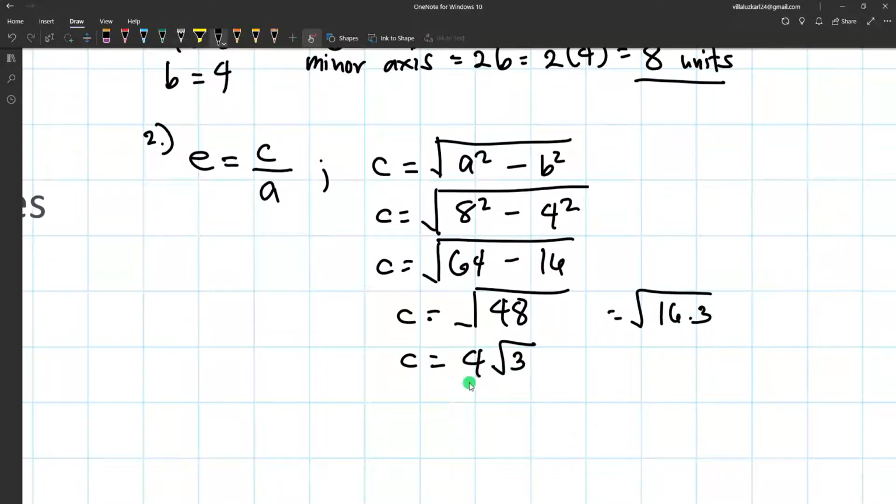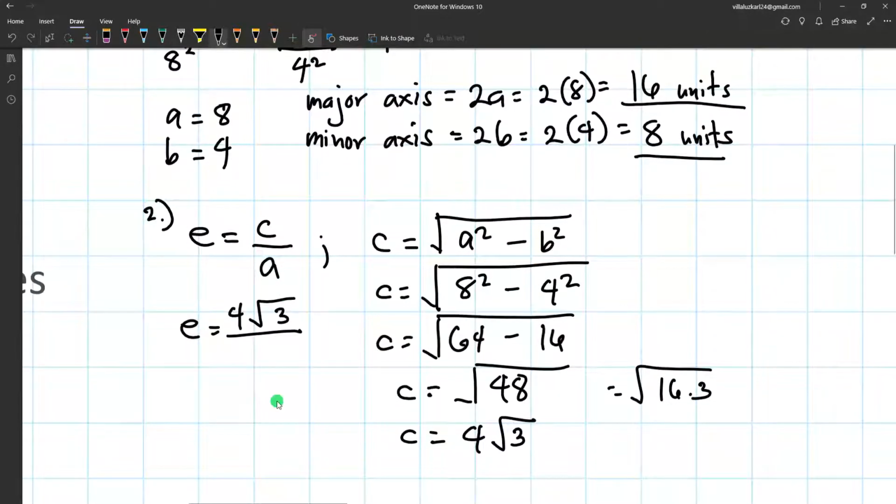That's why we have 4 square root of 3 here. Eccentricity therefore is 4 square root of 3 over 8, where a is 8. It should be less than 1, just to verify that we have an ellipse: 0.866. That's your eccentricity. That's correct.